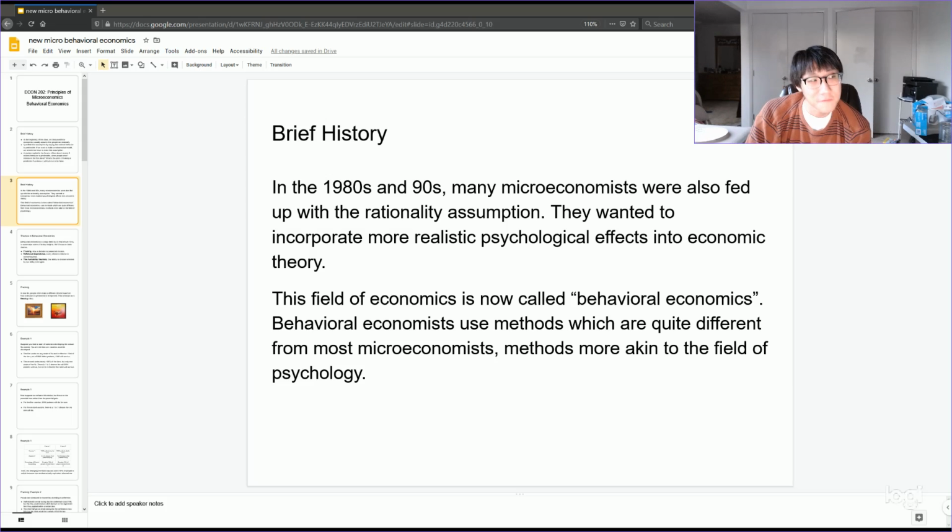This is a field of economics that is very different from the rest of microeconomics. They're sort of the odd one out in the family. And they're using methodology that would be much more similar to something you would see in psychology than what an economist would typically do.